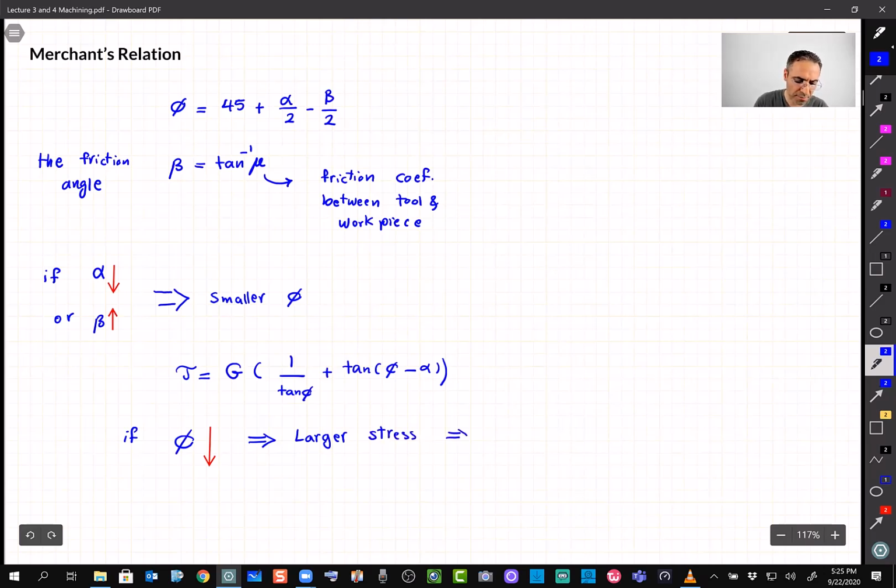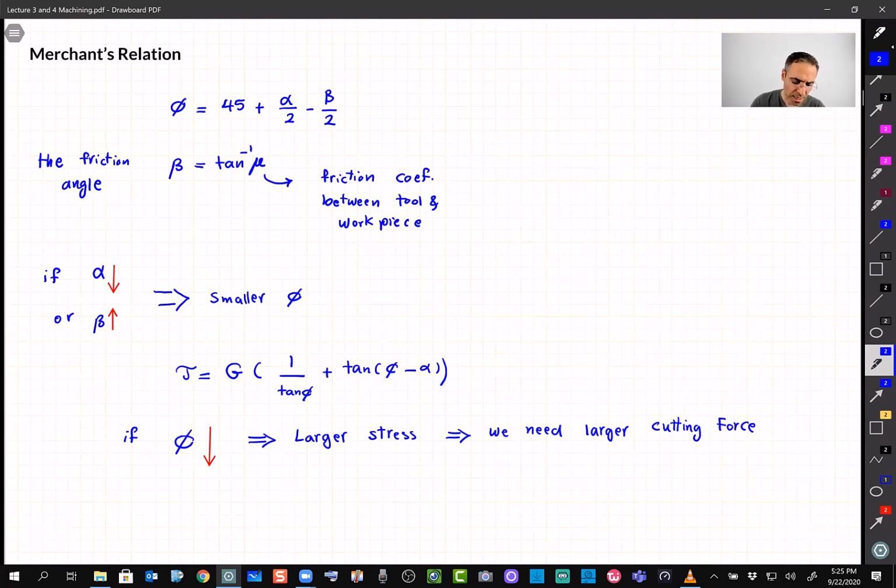And larger stress means we need larger cutting force. Also, when we have larger stress, it can be proved that the temperature increases and more heat is generated. Considering machining heat as an enemy for the workpiece and for the tool, that's bad.